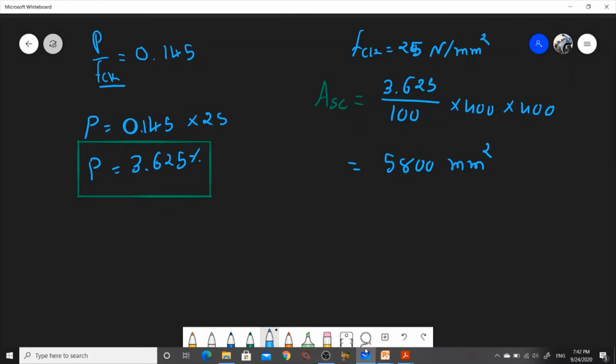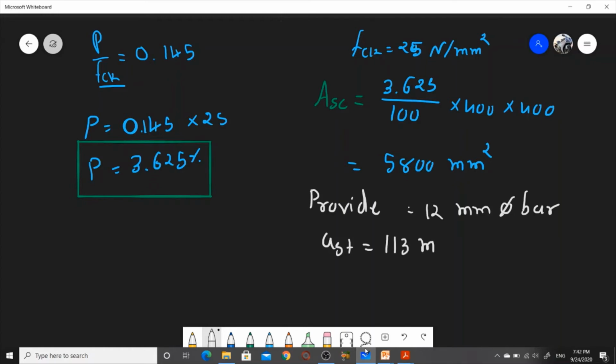Now we decide which diameter of bar we can provide. I am going to provide a 12 mm diameter bar. For the 12 mm bar, small Ast is 113 mm square.